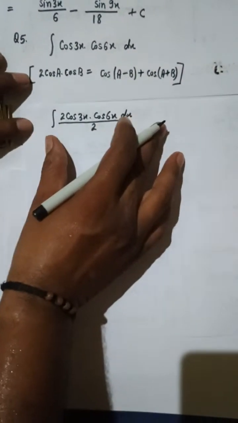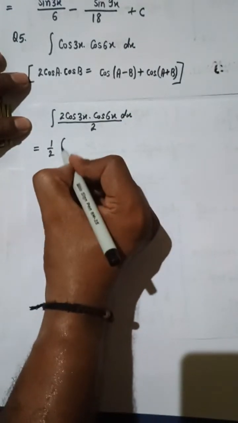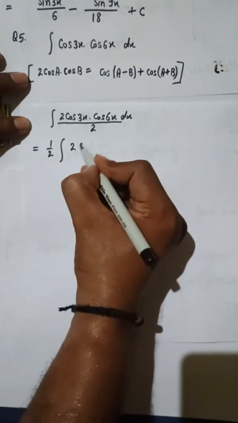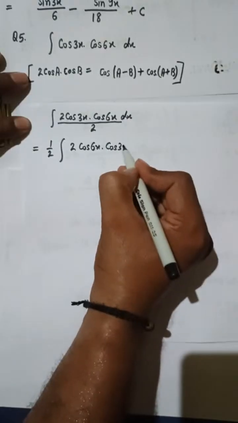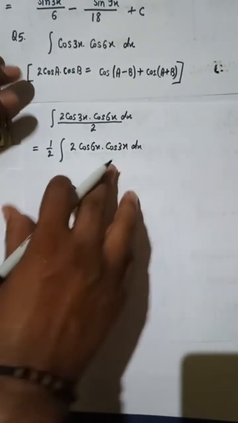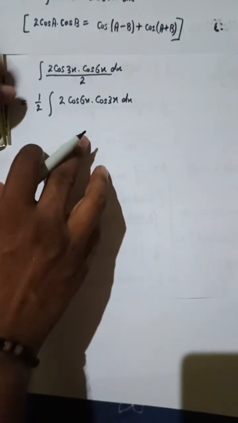And you will see here I have 1 by 2 and then integration of cos 6x cos 3x dx. Do you have any objection regarding it? No. Let me know in the comment if you have any query regarding it.